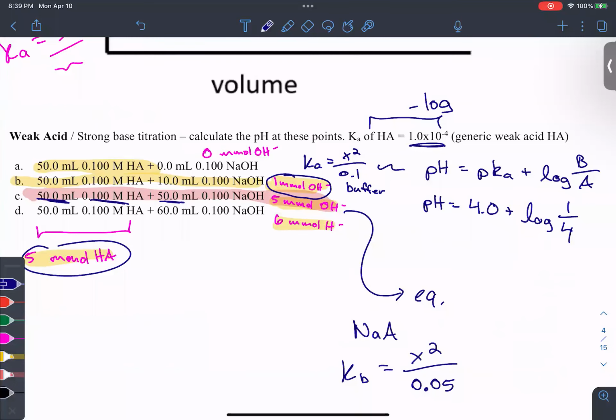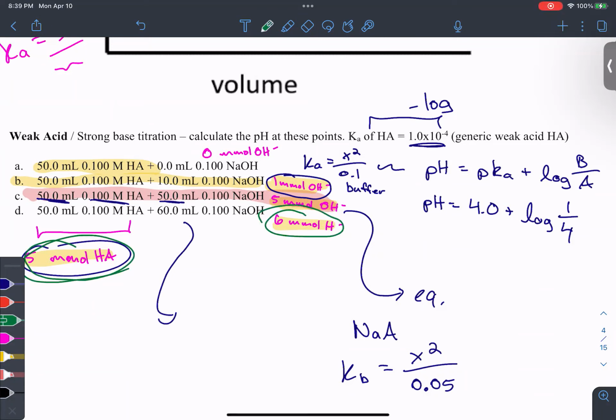All right, that's a chapter 16 question. Okay, and then the last one here, D. What's special about this point? That's past the equivalence point. Yes, past the equivalence point. So if we can compare these numbers, we started with 5 millimoles of acid.